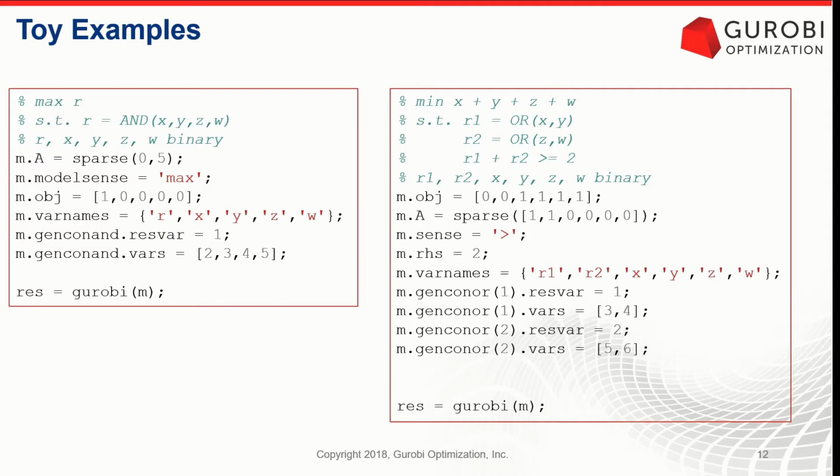And the way to do this is to turn the genconor struct, which is itself a field in the model struct, into an array of structs. So if we index it by 1, we put all the data needed for the first OR constraint, and the struct indexed by 2 will model the second OR constraint.